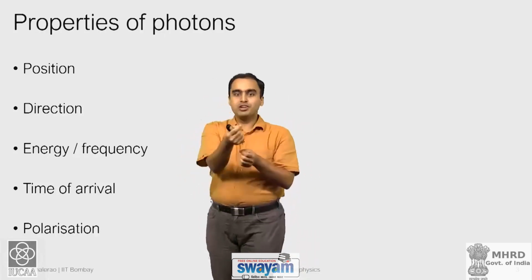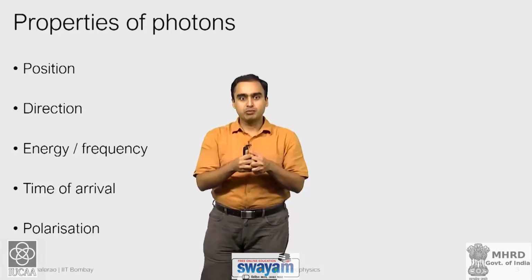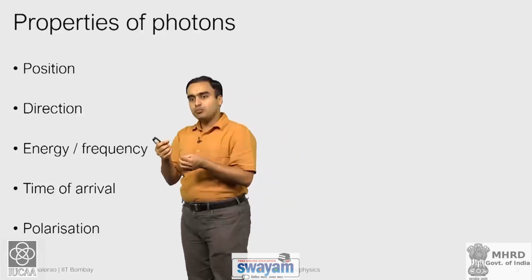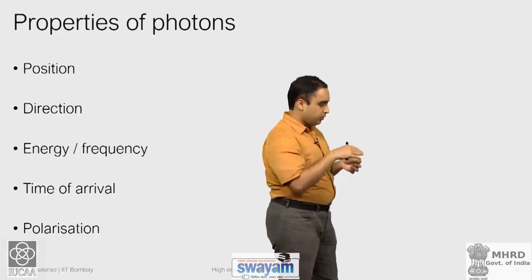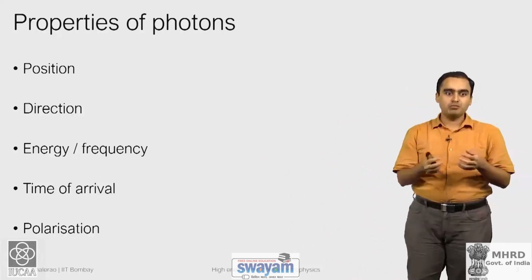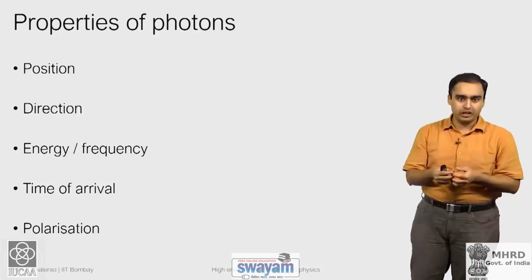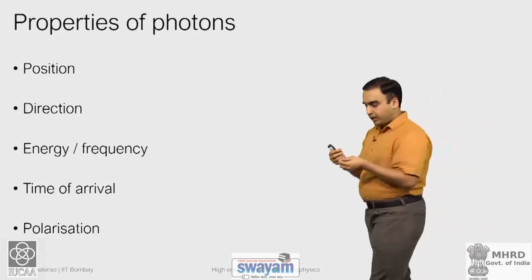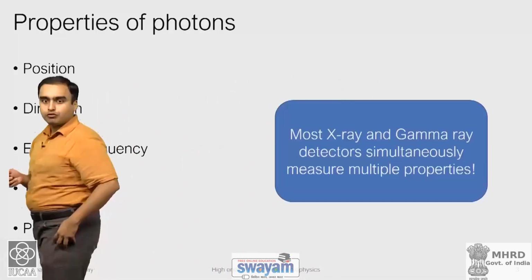We also want to know when the photon was here, because photons are constantly moving at the speed of light in that medium. And finally, the last property of a photon is the polarization, which, although it is easier to introduce as a classical concept, is equally valid and important in the quantum description of light as well. So, for any ideal detector, what we really want to do is measure all of these properties of photons.